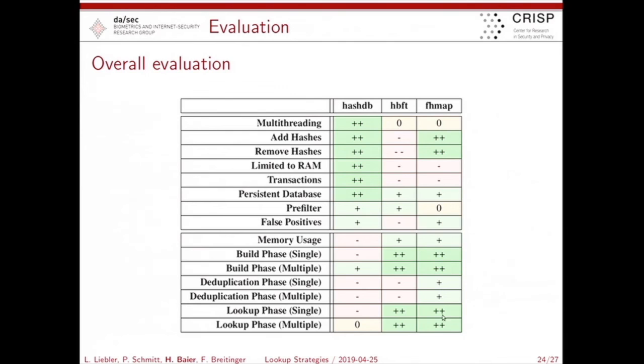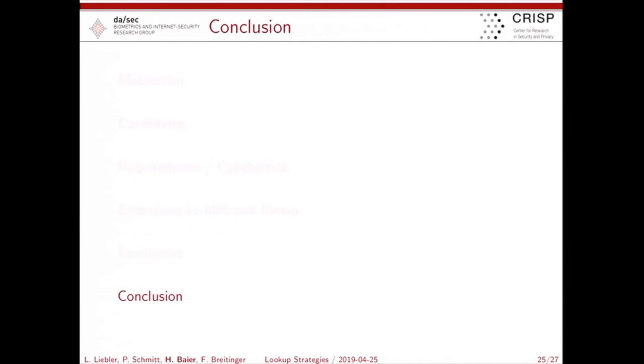But what you see then is that in the actual system, which you are interested in later when finding the needle, the flat hash map is the best one, the hierarchical Bloom filter tree is the second one, and the HashDB suffers from some deficiencies.